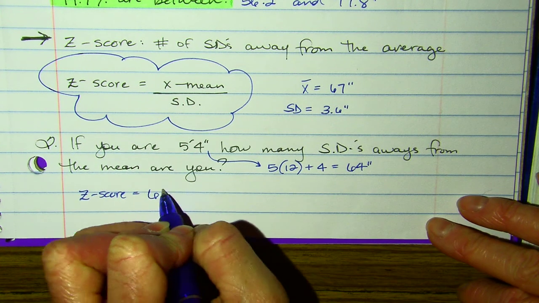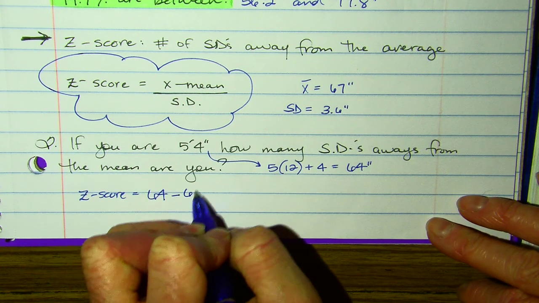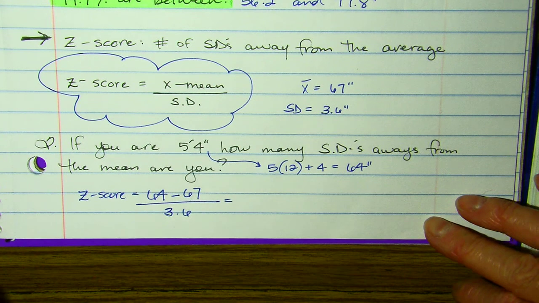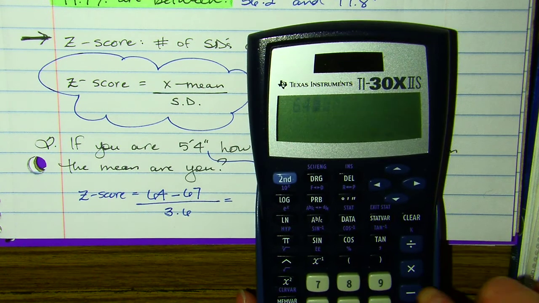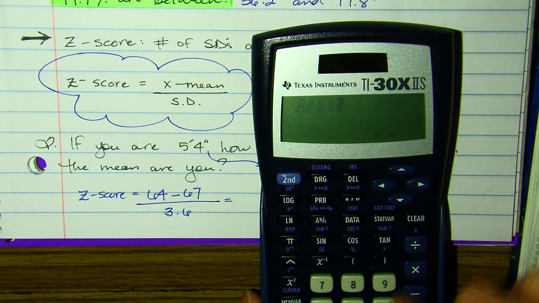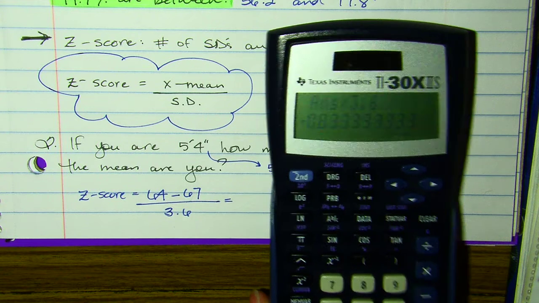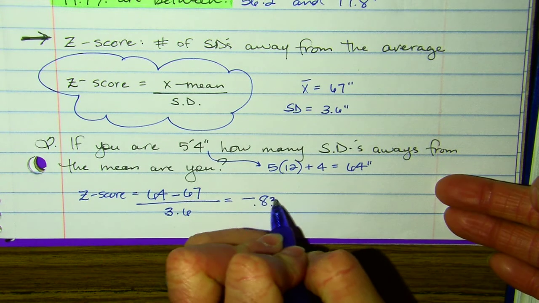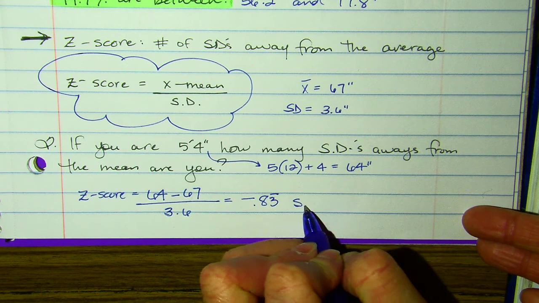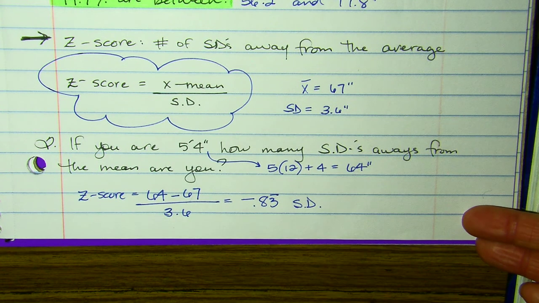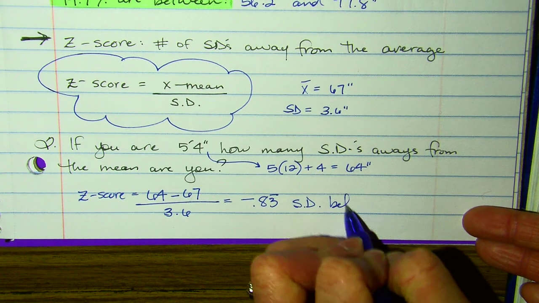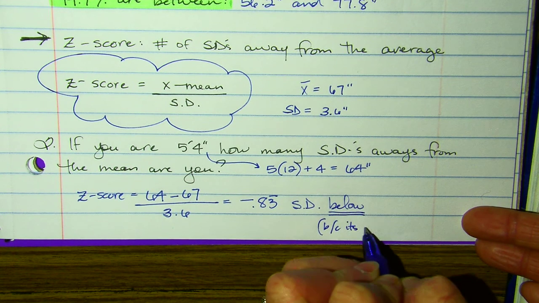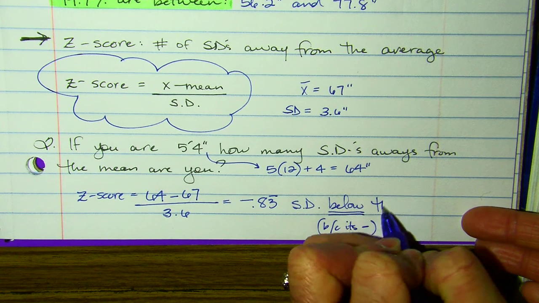So 64 inches minus our mean divided by our standard deviation: 64 minus 67 divided by 3.6, and I get negative 0.83, and the 3 repeats. Because it's negative, I would say this is 0.83 standard deviations below the mean.